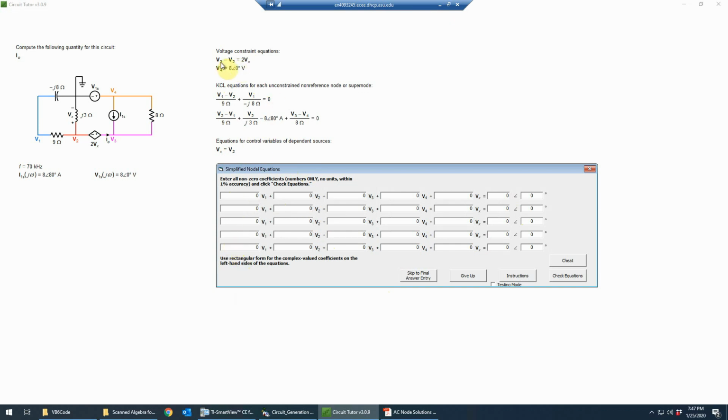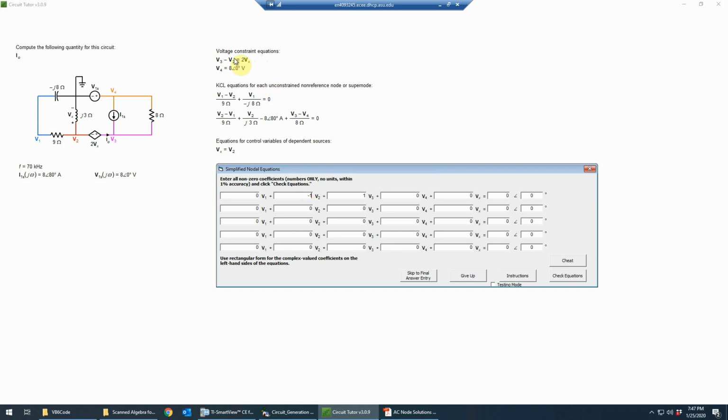Okay, so the first equation is just v3 minus v2 is 2vx. So we'll bring the 2vx over to the left-hand side by subtracting. So we have 1v3, and then we have a negative 1v2, since we're subtracting v2.